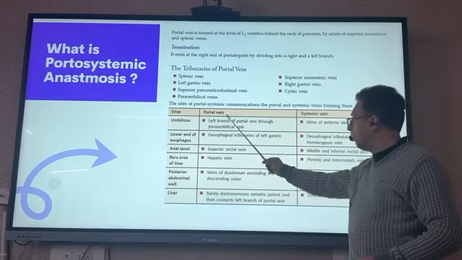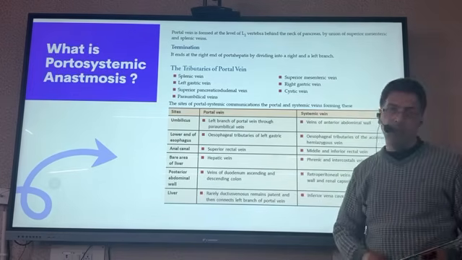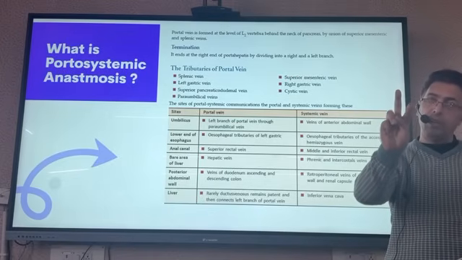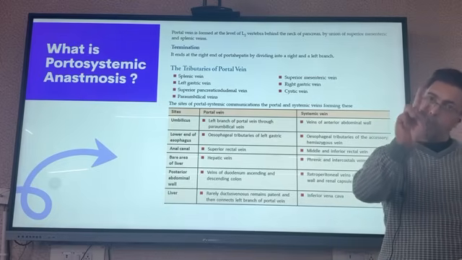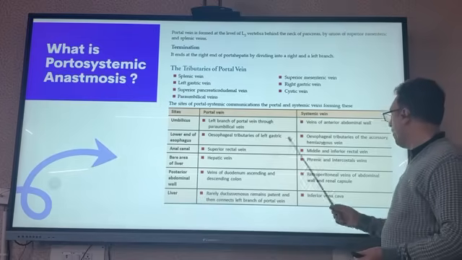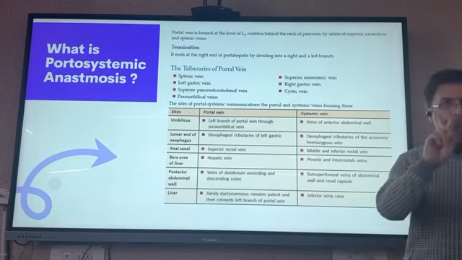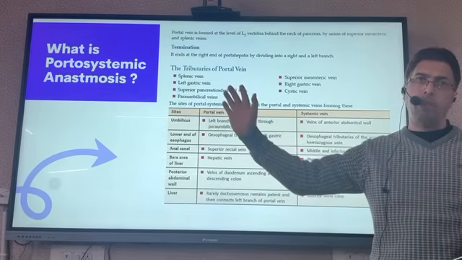There are the esophageal branches of the left gastric vein from the portal system. So the esophageal branches of the left gastric vein are branches of the portal system. And then you have the esophageal branch of the azygos and hemiazygos veins. And the hemiazygos vein does not belong to the portal venous system. It belongs to the systemic veins.